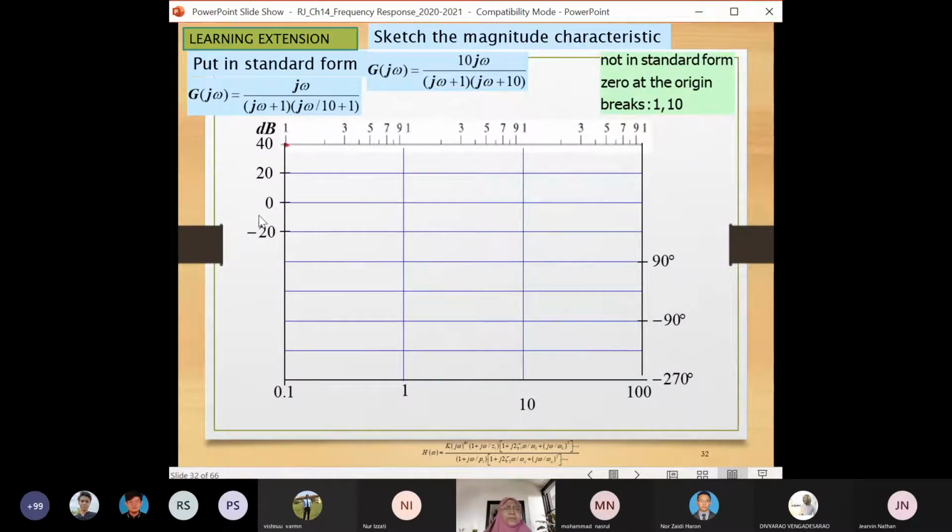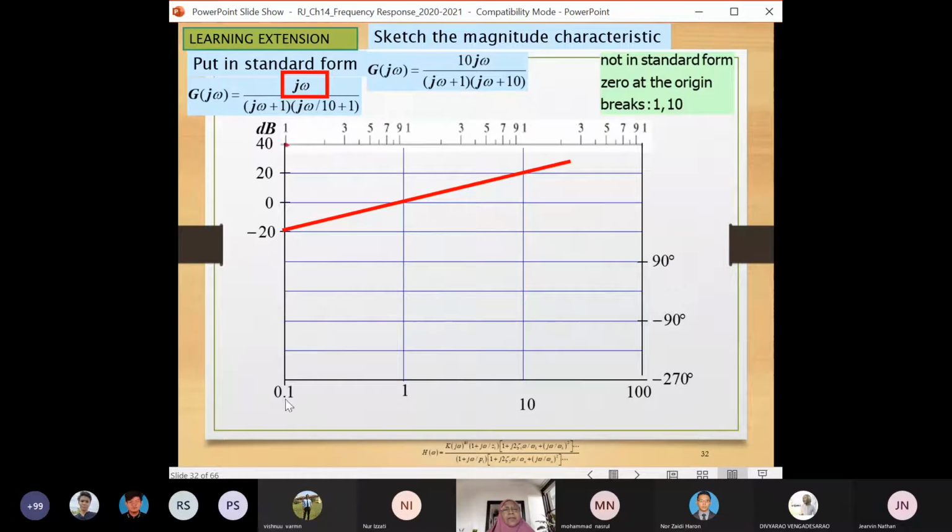And here we have the graph. Bottom is for the phase plot, top is for the magnitude plot, and j omega gives a zero through the origin, so it must run through 1 with a slope of 20 dB per decade.